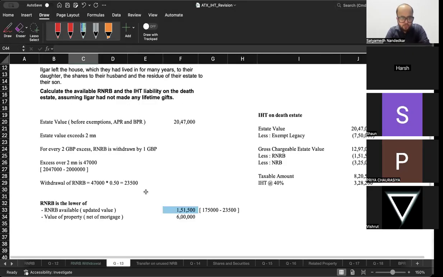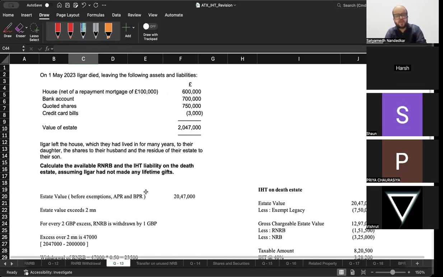ठीक है. So on 1st of May, Ilgar died, leaving the following assets and liabilities. House net of repayment mortgage 6 lakh, bank account 7 lakh, quoted shares 750, credit card bills 3,000, value of estate 20 lakh 47,000.